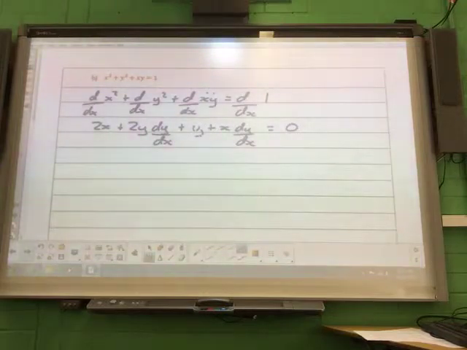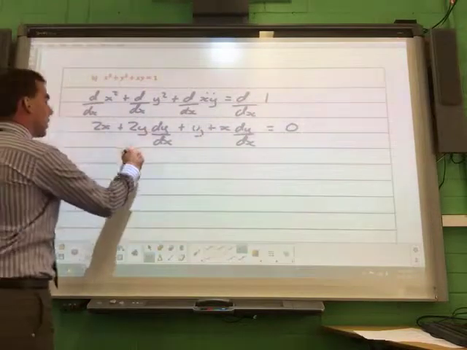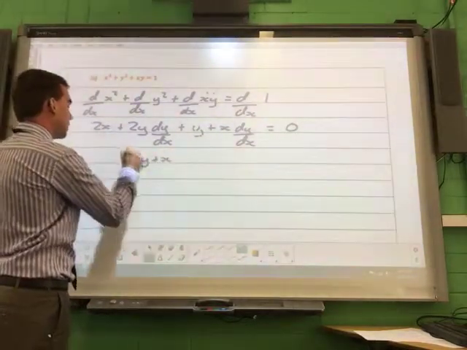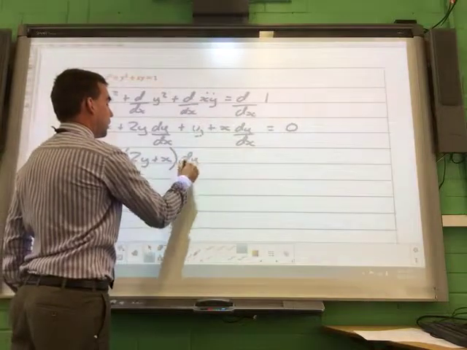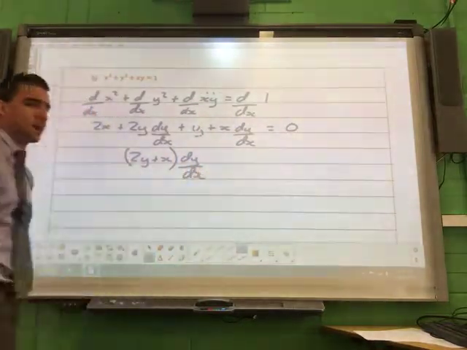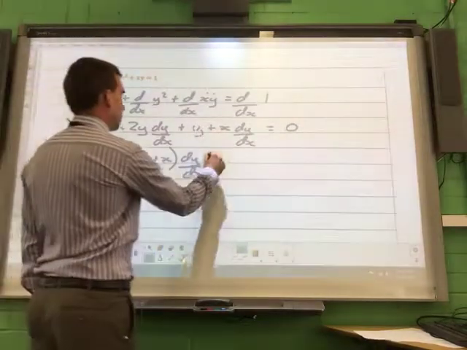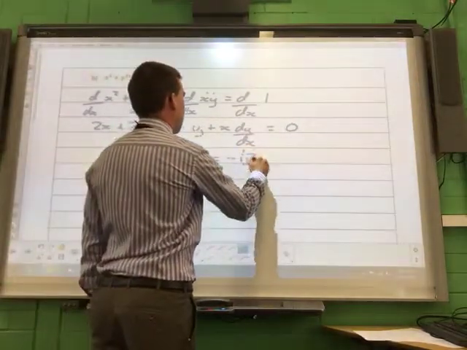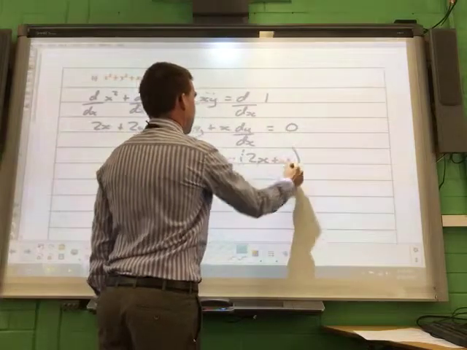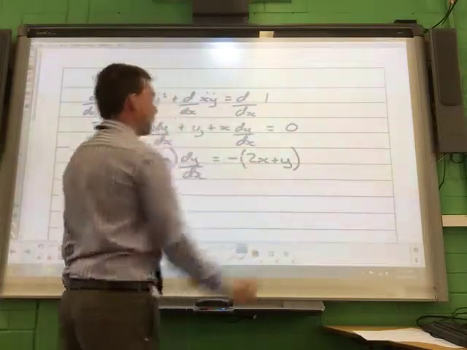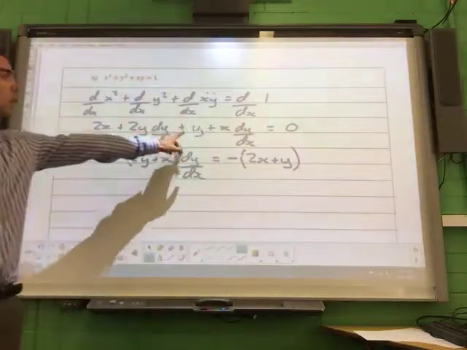Okay, so once you've done that, you need to get dy/dx the subject of your equation. So 2y plus x, factorise the dy/dx out of that. Okay, and then you've got the 2x and y.